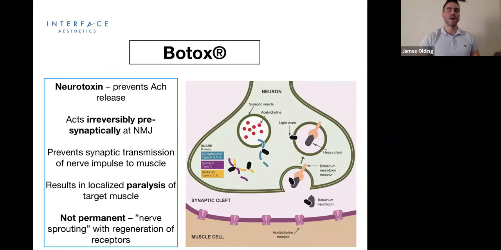So that means once the effect has taken place, it will never last forever, because there's something called nerve sprouting, where you get regeneration of receptors. However, it's important to always tell patients that once the effect is achieved, it cannot be immediately reversed. So it's not permanent, but it's not immediately reversible. And it's something which is a case of just waiting for time to pass if a patient, for example, doesn't like the result, which is in contrast to dermal filler, as we're going to talk about in a moment.